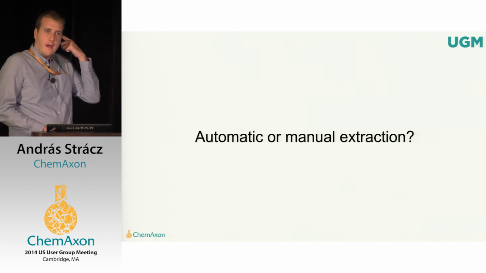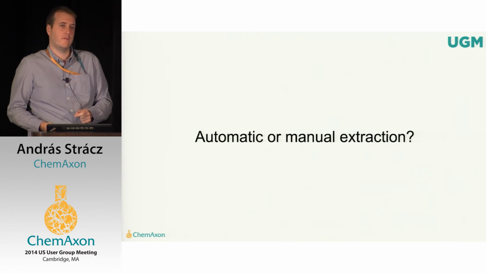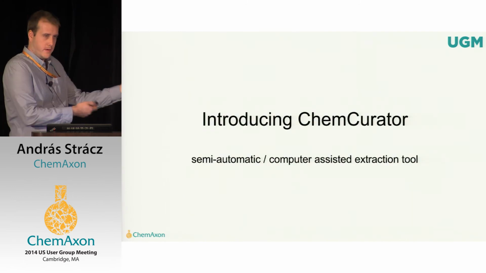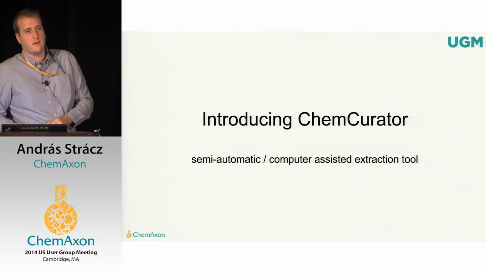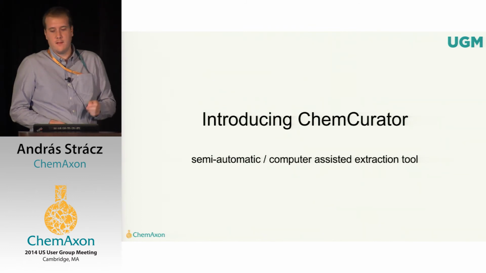What we realized one day is that these two together form an extremely powerful combination. So with that, today, we are announcing ChemCurator, which is this semi-automatic or computer-assisted extraction tool.